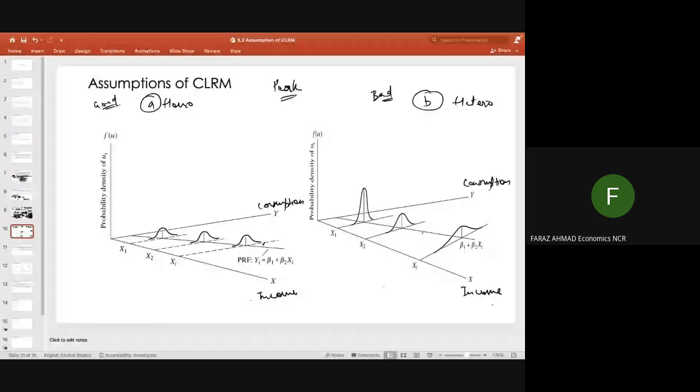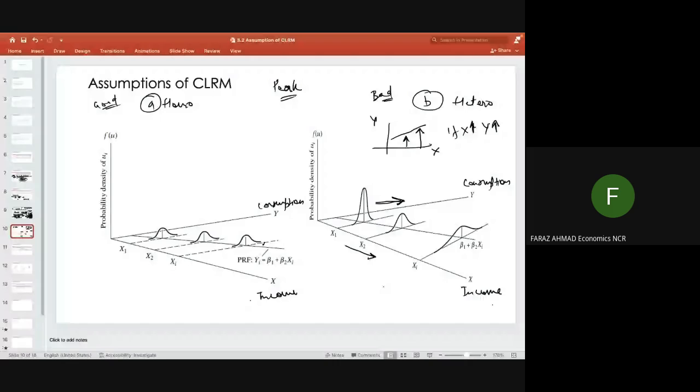That means as x rises, y rises. That's how we draw our graph. If this is the x-axis, this is the y-axis, and the line is going away from the x-axis, it means if x rises, y rises, right? So that's good.